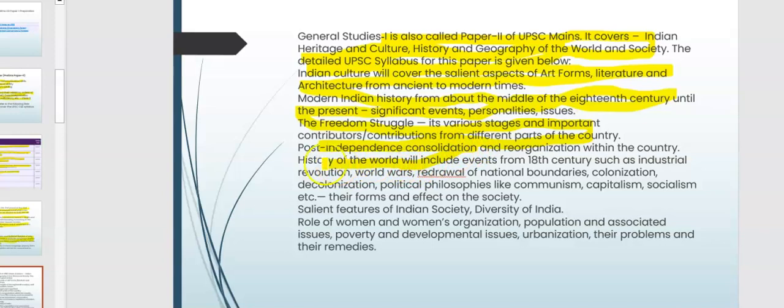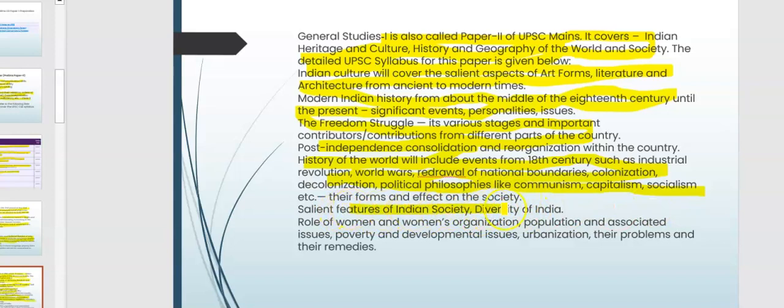History of the world will include events from the 18th century such as Industrial Revolution, World Wars, redrawing of national boundaries, colonization, decolonization and political philosophies like communism, capitalism, socialism, etc., their forms and effect on the society.